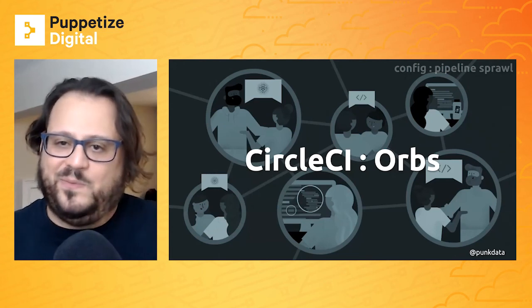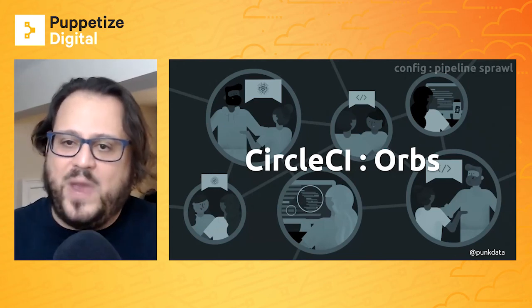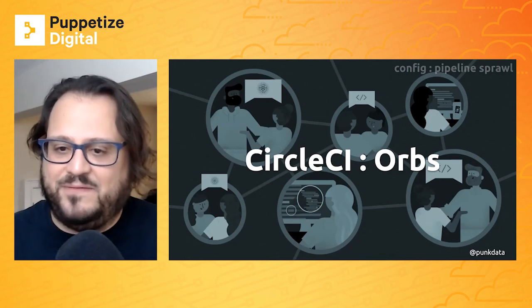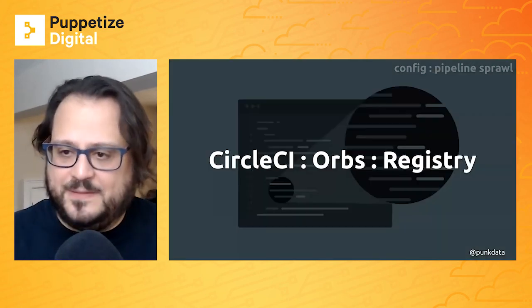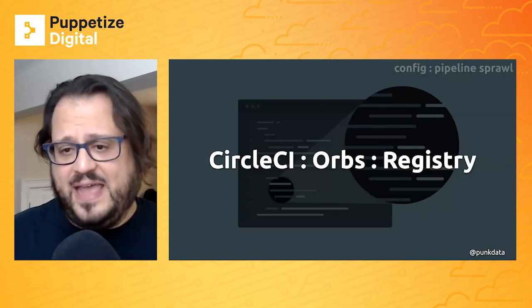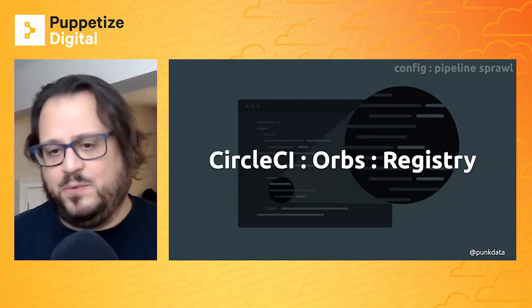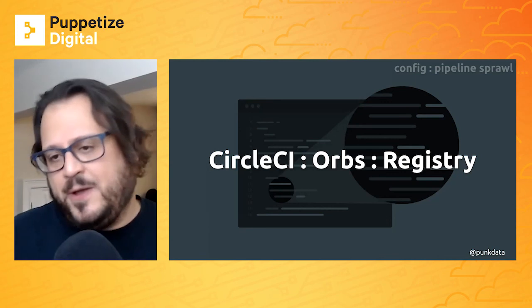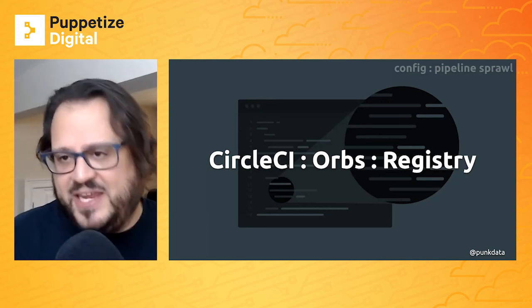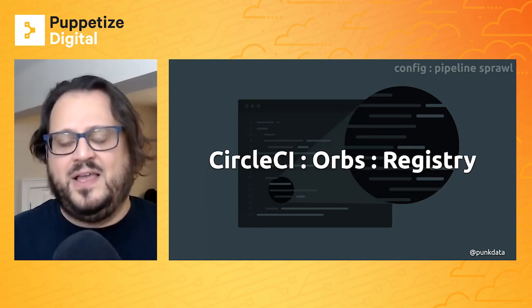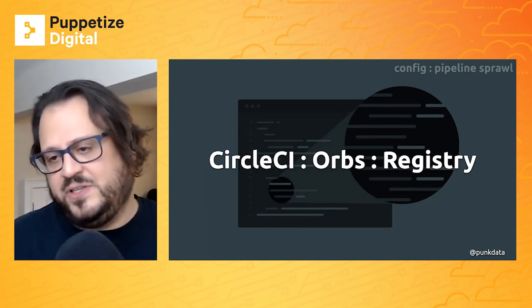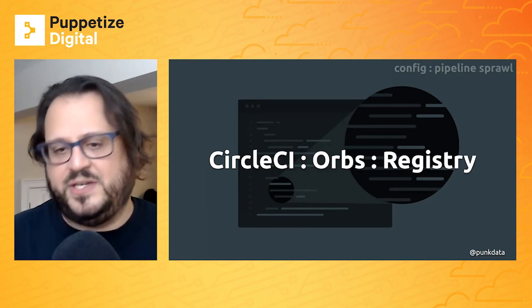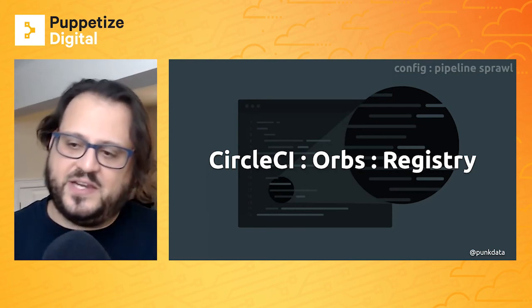So we created a way to parameterize values within your YAML files. And one of the things that happens there is the backend will be able to parse out the parameter keys within your configuration file, and also give you the ability to manage all of that functionality in a central location. And that's where the orbs registry comes in.